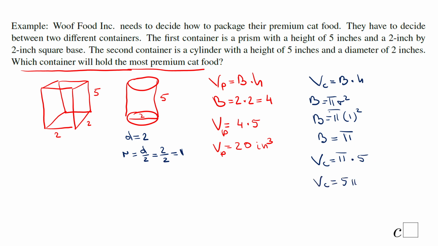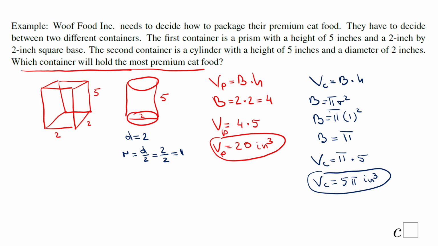The question is, which one contains more food? Which volume is larger? This one or this one? You can take a calculator, and obviously this one, nothing to do, it stays as a 20, and by then 5 times 3.14, or find pi in your calculator if you have a calculator that has pi in it.